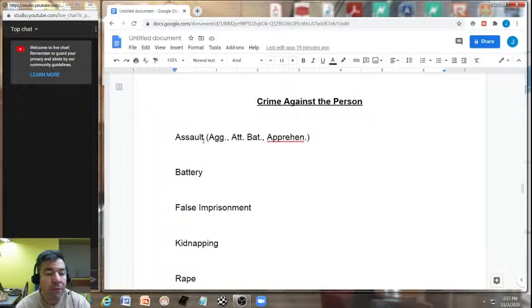However, there are three variations of assault. There's aggravated assault, where the assault occurs as a result of an aggravated circumstance.